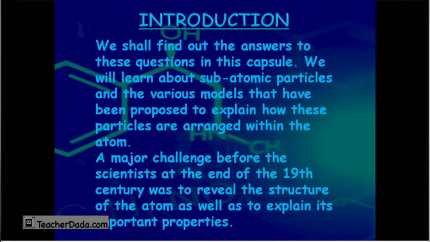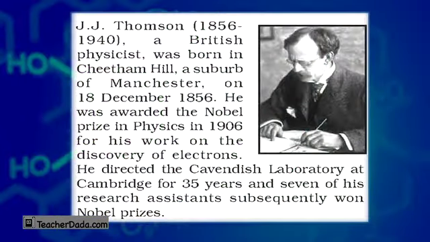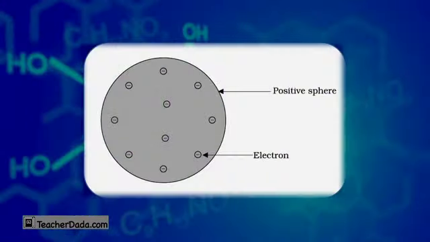So, Sir J. J. Thomson, he was a chemist. He gave a model of atom, and he compared it to a watermelon. As you know, in the watermelon there is a red part, and inside the red part there are small black seeds.